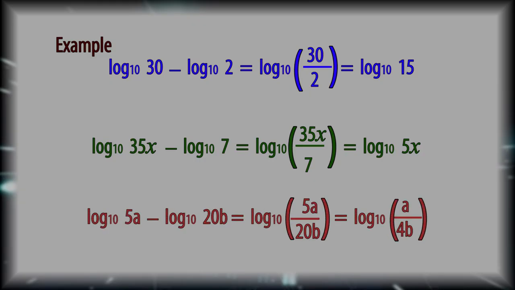Again, we can say log base 10 of 5a minus log base 10 of 20b is equal to log base 10 of 5a divided by 20b. And that gives us log base 10 of a over 4b.